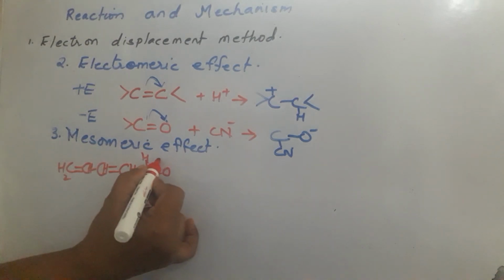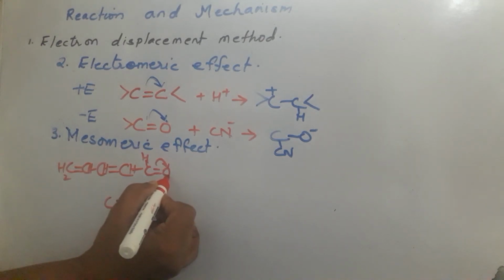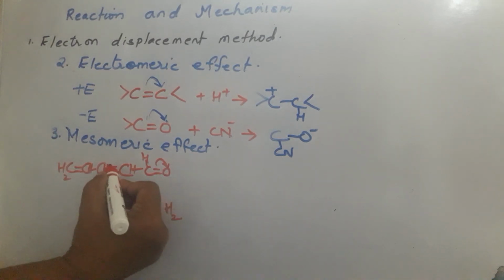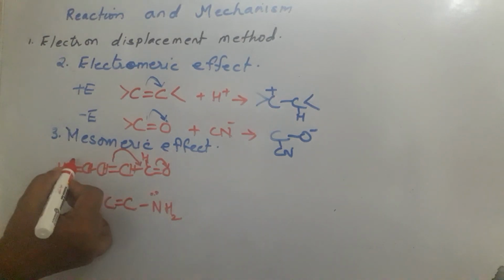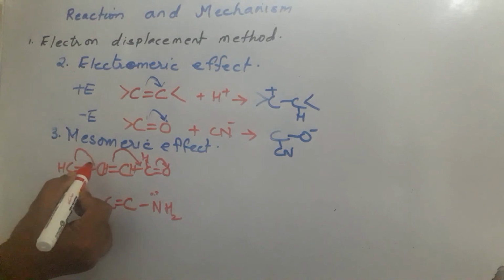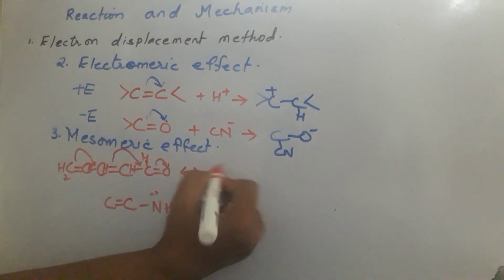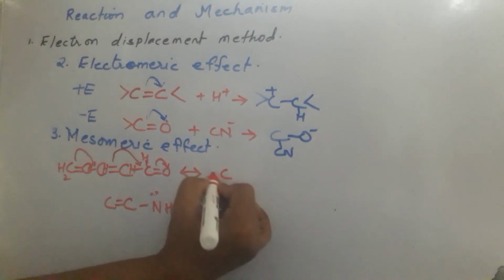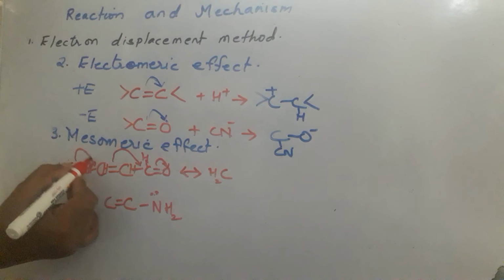Due to the interaction, the pi electron of the group will shift towards the oxygen, which is more electronegative. In turn, the pi electron from here shifts to this place, and in turn the pi electron from here shifts to this place. As a result, you will get a structure where there is a positive charge on the end carbon, because the pi electron got shifted.